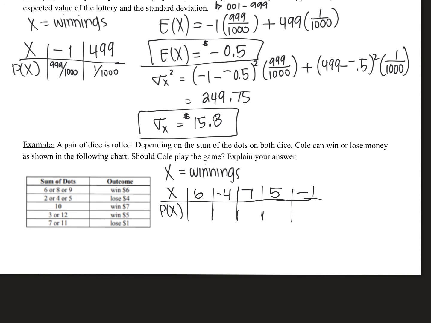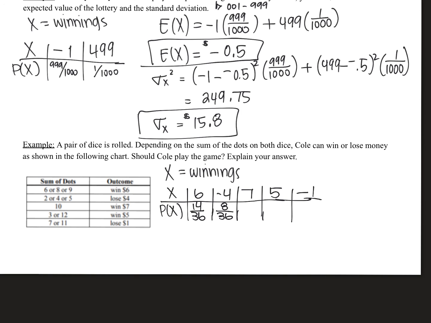All right, and then to get our probabilities, we have to go back to that table in our notes where we had all of the outcomes for the sum of dice. So getting a sum of 6, 8, or 9 is 14 out of 36. A sum of 2, 4, or 5 is 8 out of 36.